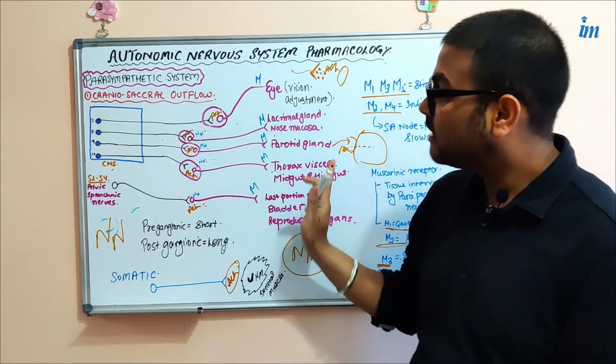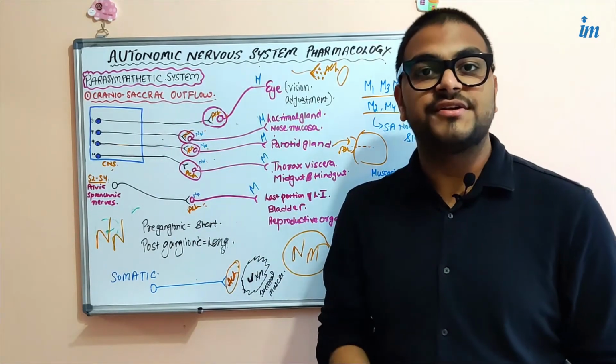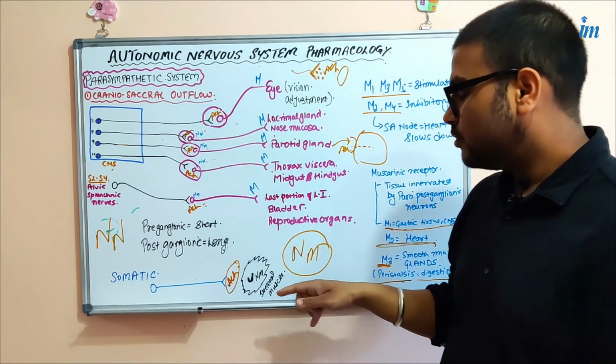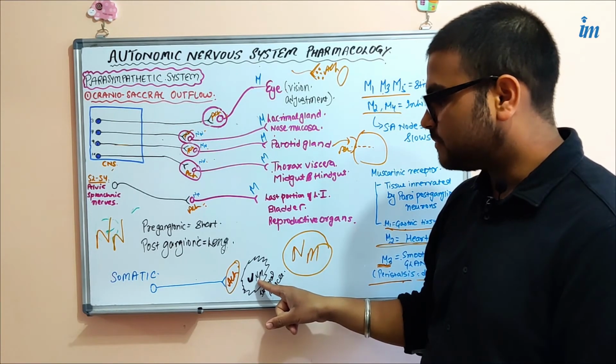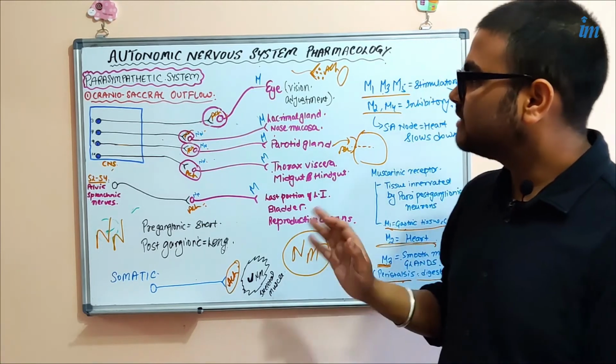I do not want this whole parasympathetic system to shut down, because that's not my purpose. My purpose is only to block the NM type of nicotinic receptors that are present on your skeletal muscles, and relax your muscles.